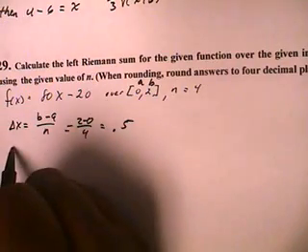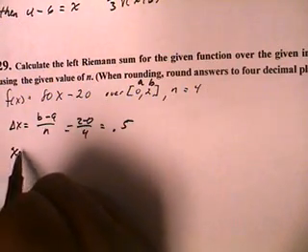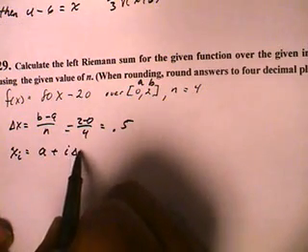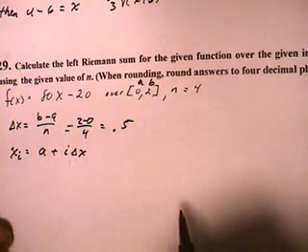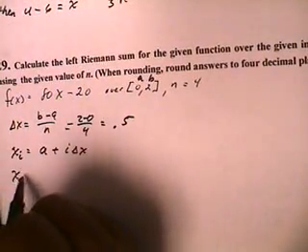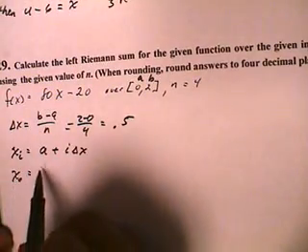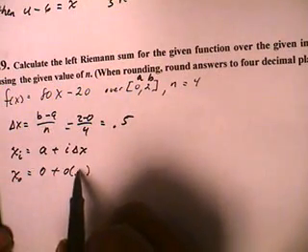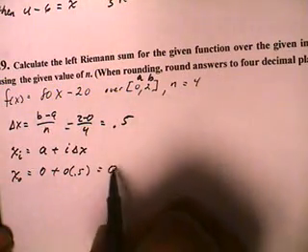Next, we need to find our x's. The formula for our x's will be x of i equals a plus i times delta x. So our initial x of 0 will be a, which is 0, plus 0 times 0.5, and all that equals 0.